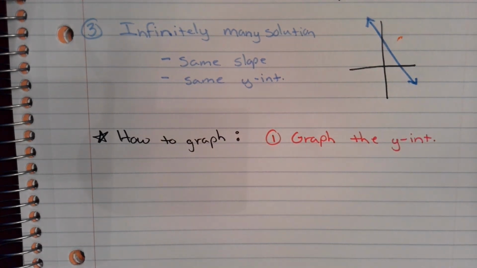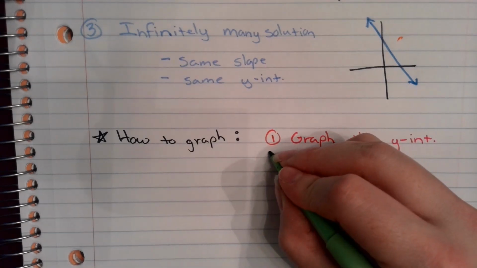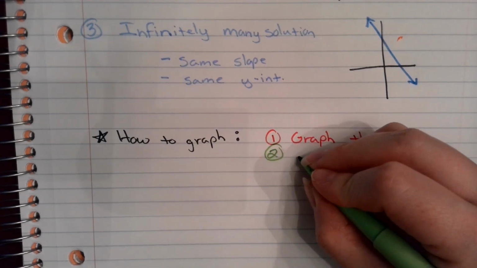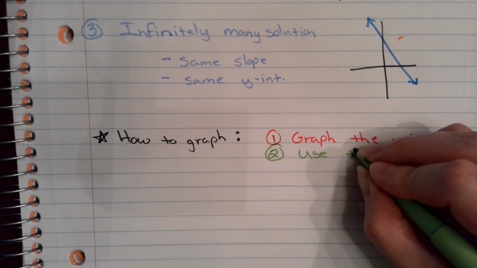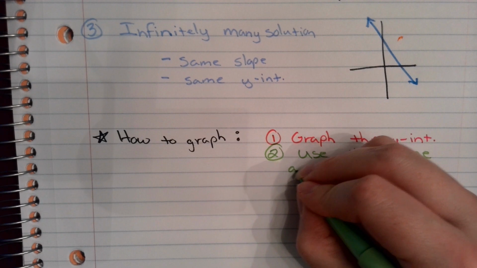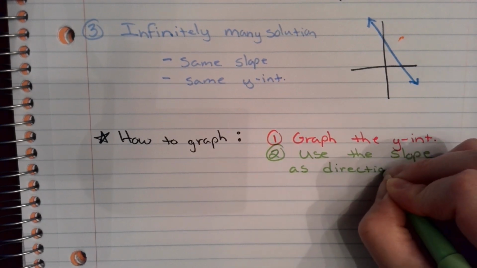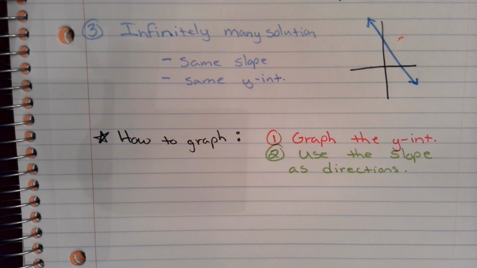You have to graph your y-intercept. Your second rule is that you're going to use the slope as directions. We're going to use the slope as a directional piece.